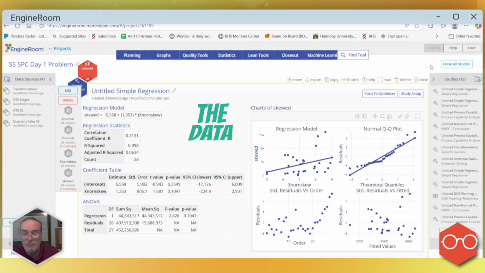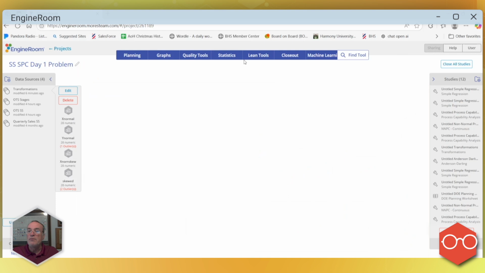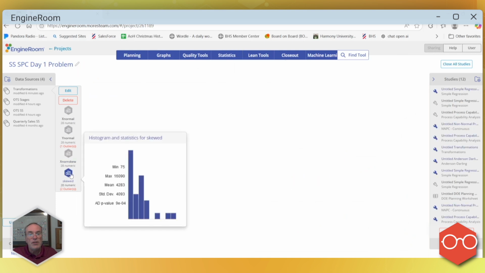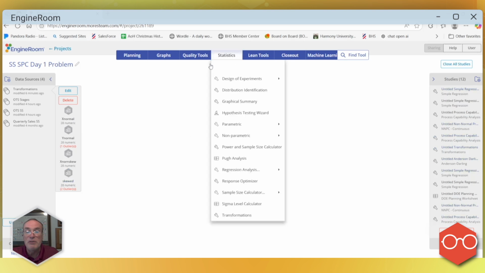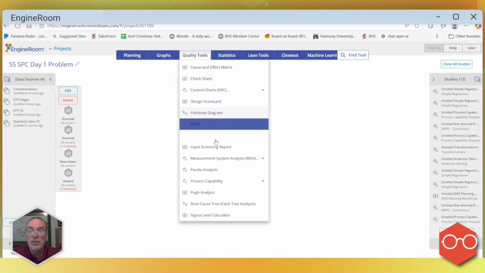So let's go look at that. So we're going to go to engine room, close that one out. So I'm just going to use the skewed data. And we can see here that it's got a max of 16,090 and our spec happens to be 20,000. All right. And it's a really, really small Anderson Darling. So I'm going to go ahead and just show you.